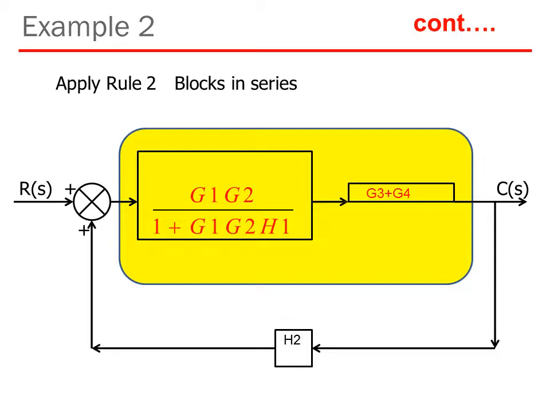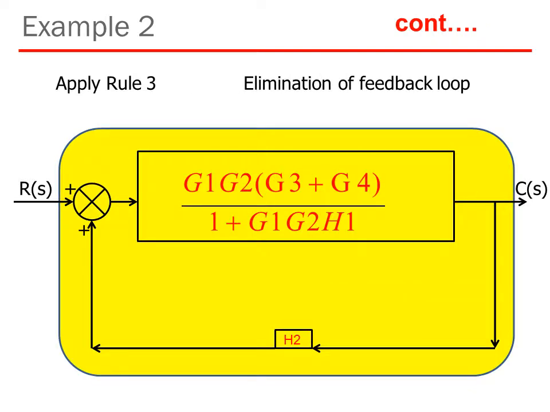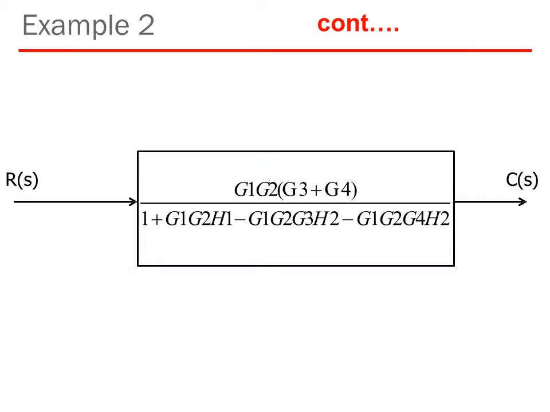Therefore it becomes G1 G2 divided by 1 plus G1 G2 H1, and in the last step we have calculated G3 plus G4. Now the blocks are in series, so multiplication of gains. So it will become G1 G2 into bracket G3 plus G4 divided by 1 plus G1 G2 H1, and H2 is the feedback. So applying rule 3, now we will eliminate the feedback loop.